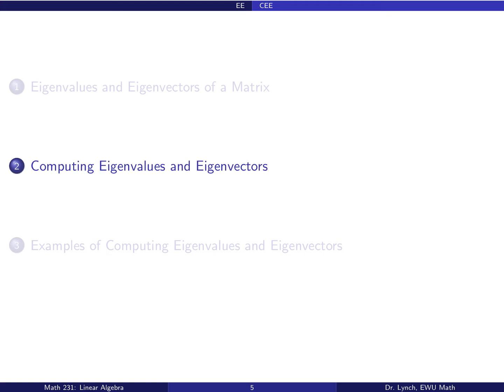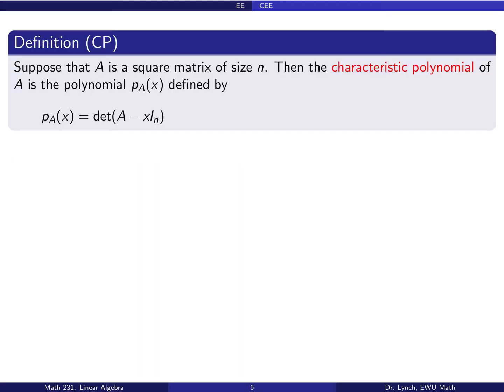So let's talk about how to find these eigenvectors and eigenvalues. In the previous example, I gave you a matrix and gave you some eigenvectors, but it turns out that we can find them. Here's the definition of the characteristic polynomial of a matrix. Given a square matrix A, the characteristic polynomial p sub A of x is the determinant of that matrix minus x times the identity matrix.